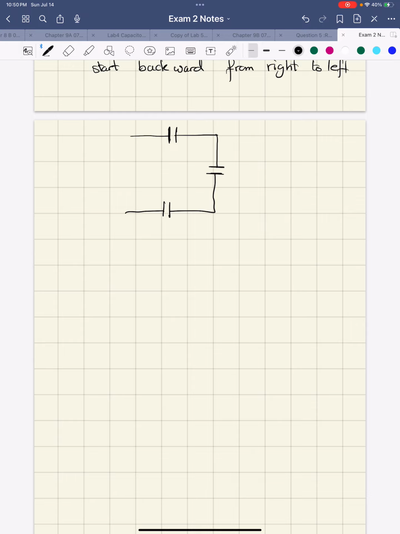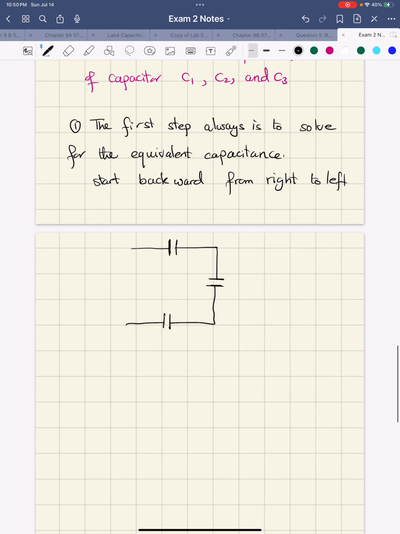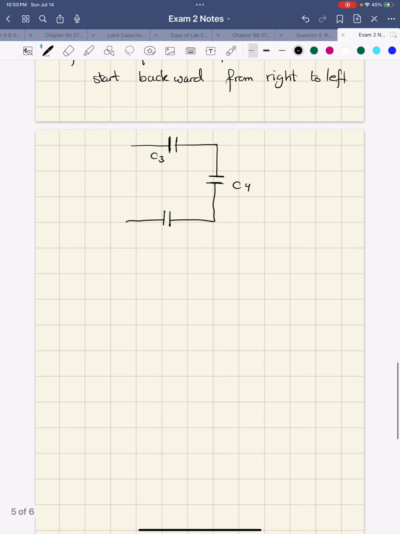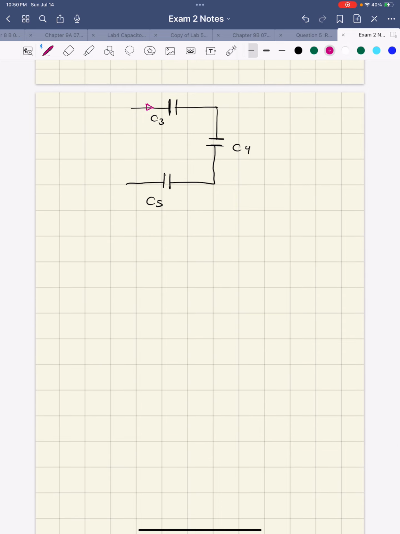These here, I call these my C3, C4, and C5. Now, if I look here, there is no branching, and it is only one route. Only one route means series connection.